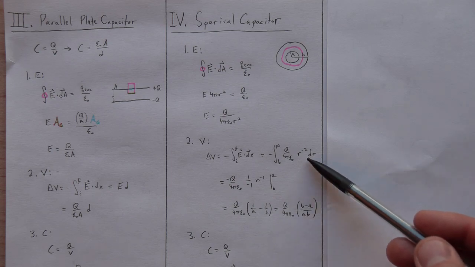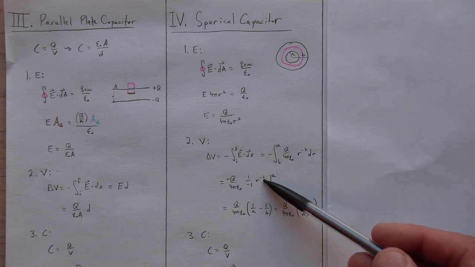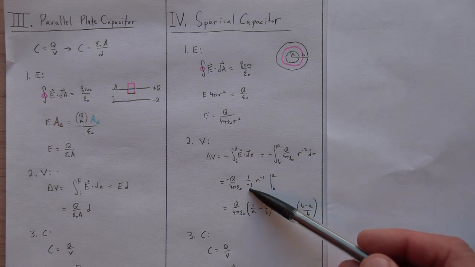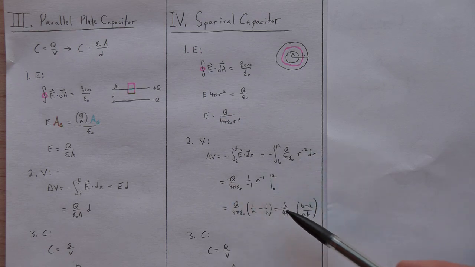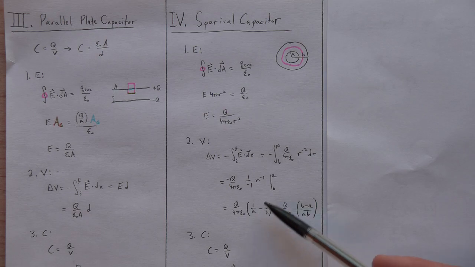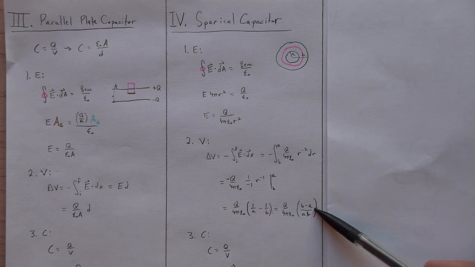So you add 1 to the exponent, which makes minus 1, and then you divide by that new exponent. The minuses go away, and then you plug in the limits. 1 over A minus 1 over B, common denominator there, B over B, A over A, combined there.